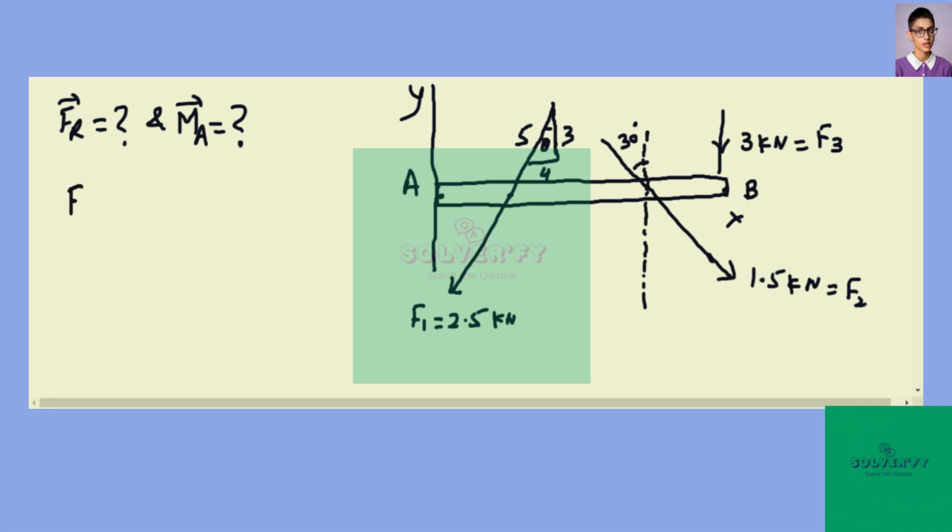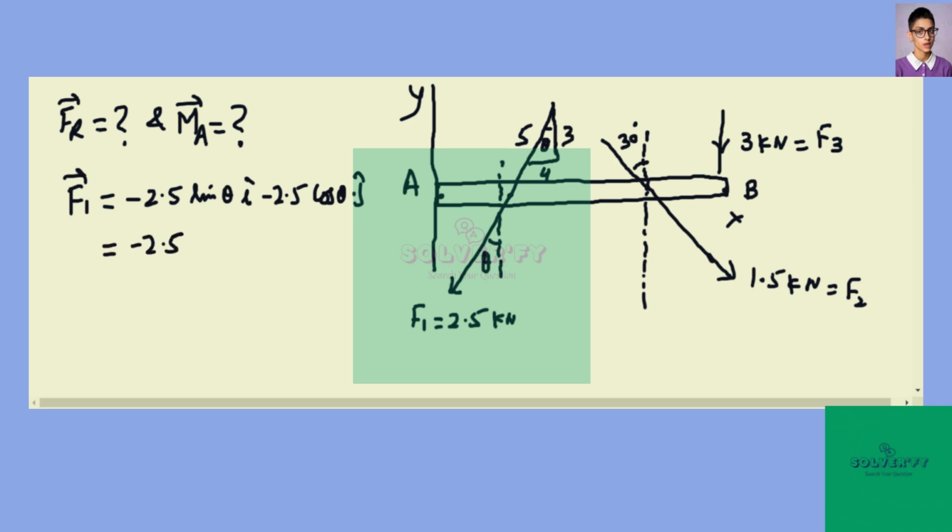So F1 can be written as, you can resolve this force into two components. This angle is theta as shown in the figure. So you can write minus 2.5 sine theta i cap minus 2.5 cos theta j cap. Now we will substitute the values.